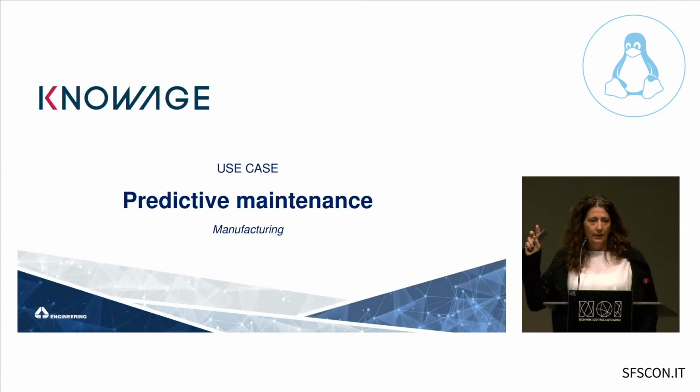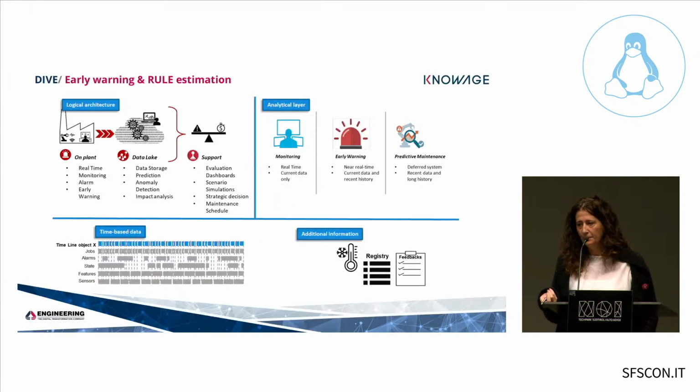Okay, so I introduced those features because those are the features we use in these use cases, where we combine IoT, machine learning, and data visualization for an end-to-end solution. The first use case is about predictive maintenance in the manufacturing domain.